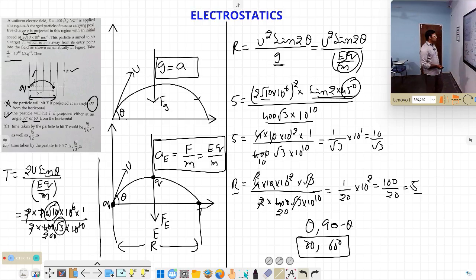Root 10 by root 3 value, if you take the 2 inside, that becomes 4, that is root 10 by 12. Root 10 by 12 means 2 fives are 10, and 5 by 6 you will get.